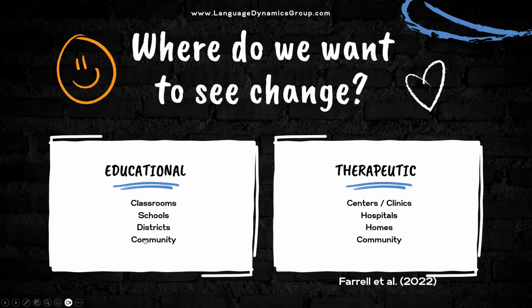Like, guess what, 1 in 3 students can't read at a basic level by 4th grade. That's not even proficient. That's based on National Assessment of Educational Progress results in the United States. That's a community intervention if we can all work on reading comprehension. But for therapeutic ones, centers, clinics, hospitals, homes, the community, and we'll kind of get into this too.